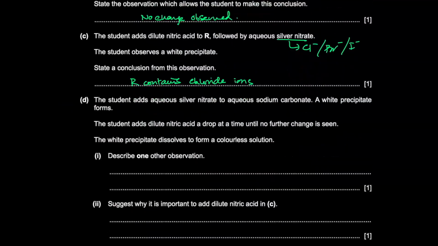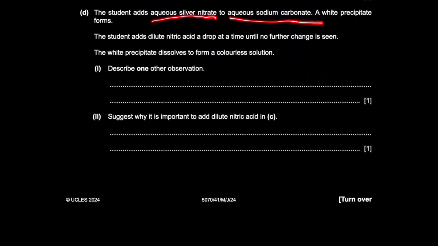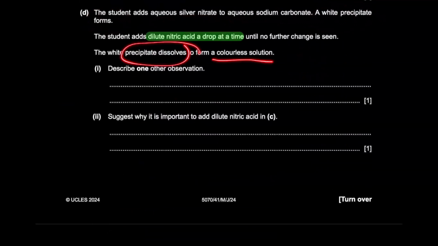The student adds aqueous silver nitrate to aqueous sodium carbonate, a white precipitate forms. The student adds dilute nitric acid a drop at a time until no further change is seen. The white precipitate dissolves to form a colorless solution. Describe one other observation. Whenever you have a carbonate reacting with an acid, you're going to see effervescence or bubbles of a colorless gas.